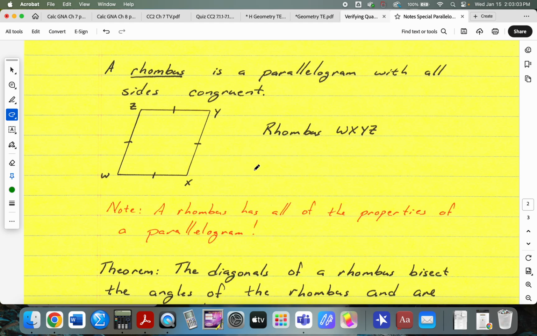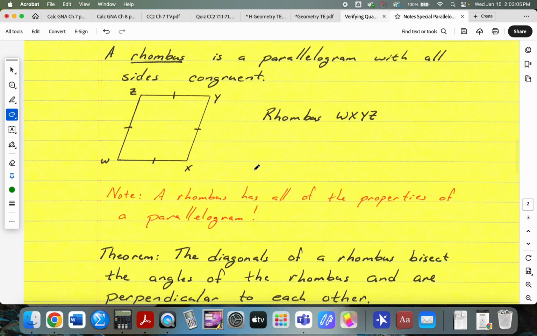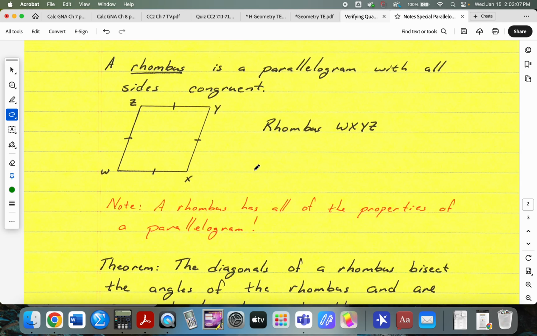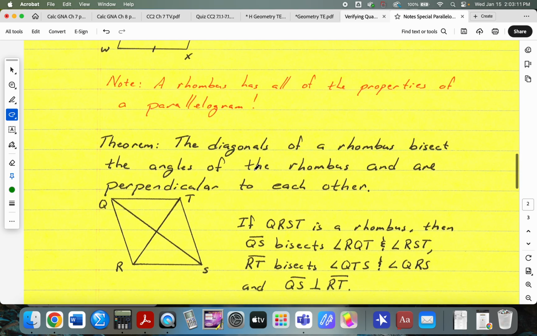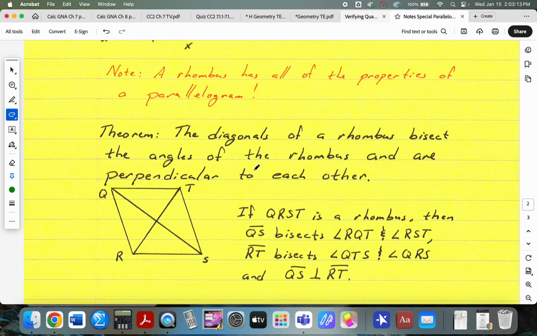But there are things that are true about the diagonals of a rhombus, and that is that they are perpendicular to each other and they bisect the angles. So that means that these angles are all going to be right angles.